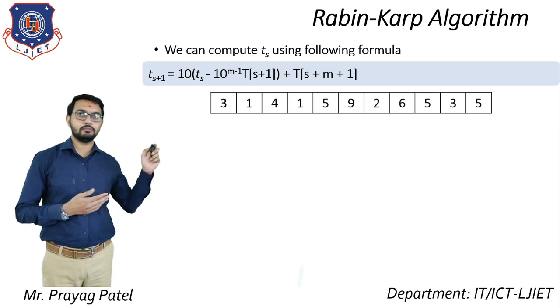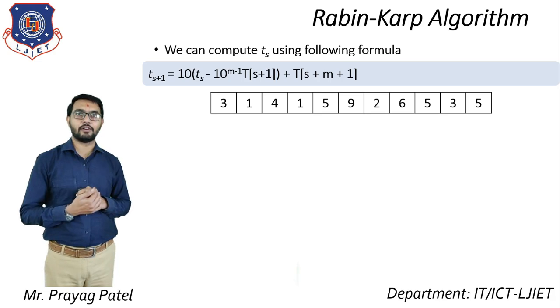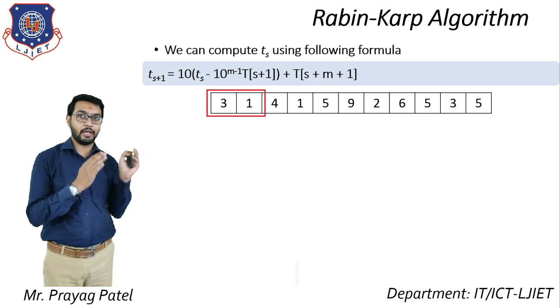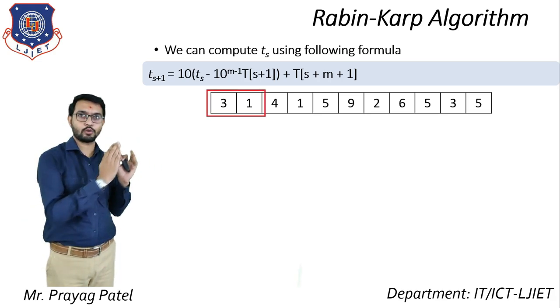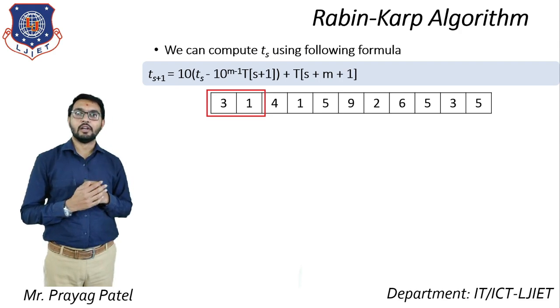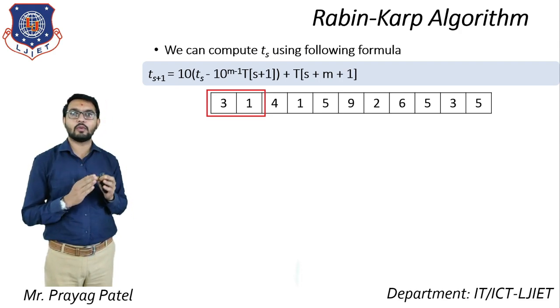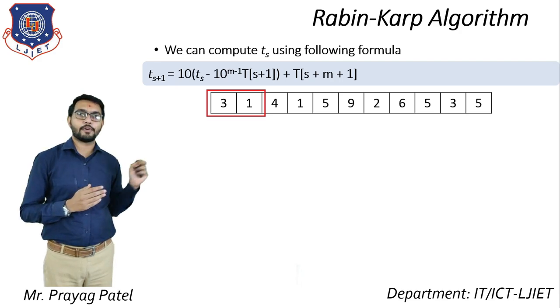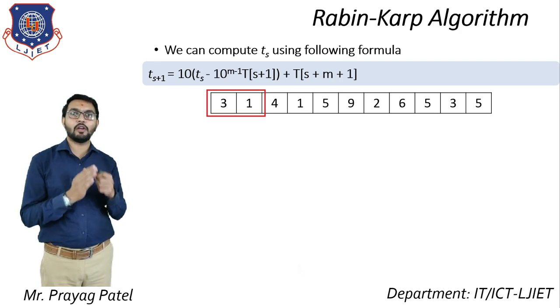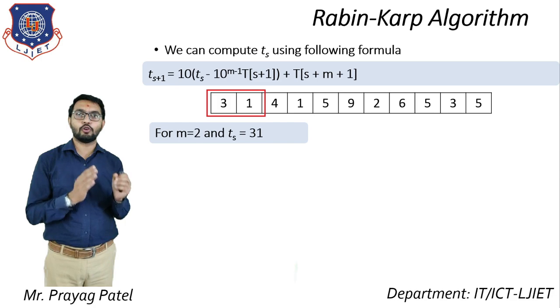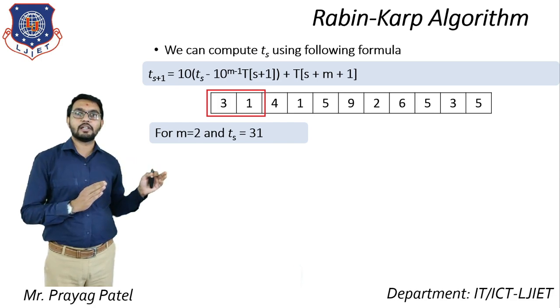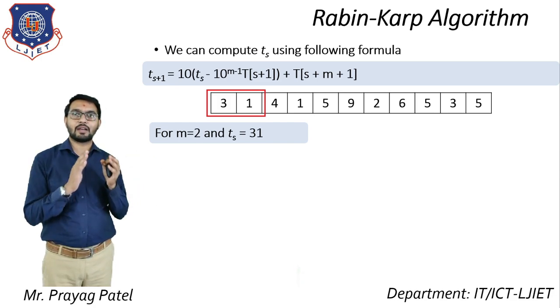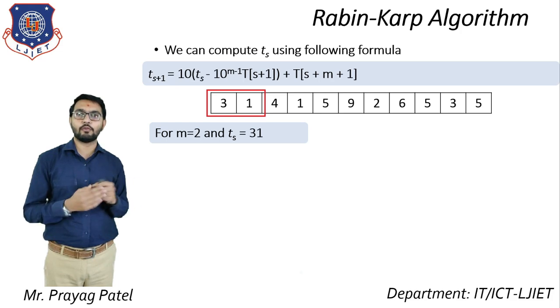Now here consider your text is like this: 3141. In the text, the first two locations are considered as 31, because the length of the pattern equals 2. So consider only two locations of your text. First is 31. After finding the modulo of 31, consider the next location, value 14.